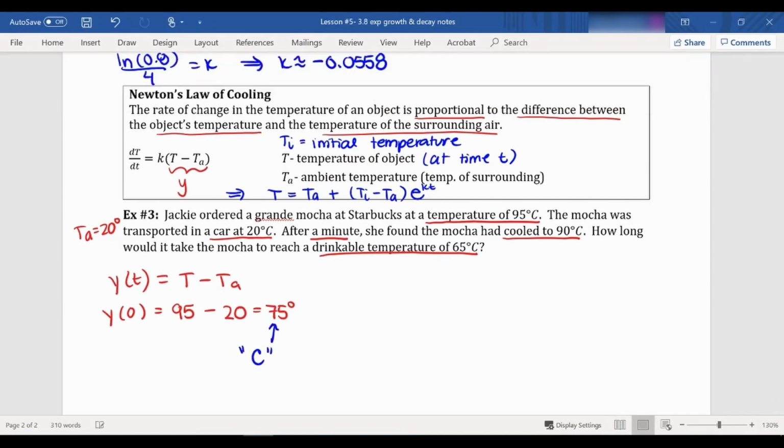Okay, so if I know that y is proportional, I also know that I have dT/dt equals k times T minus Ta. I know that this would be my y. But I also know that if I have dy/dt equals ky, then y must be c e to the kt.